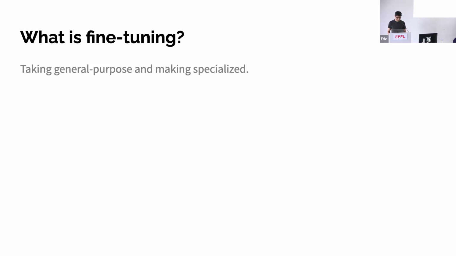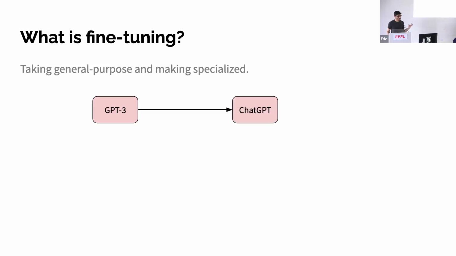So what is fine tuning? Essentially, we take something general purpose and make it specialized. In deep learning, for example, you could take GPT-3, and what they did is they fine-tuned it for chat, which is what made ChatGPT. When you see those labels, ChatGPT or instruct, essentially they fine-tuned it either for chatting interaction, or instruct, where you want to give commands to the GPT.